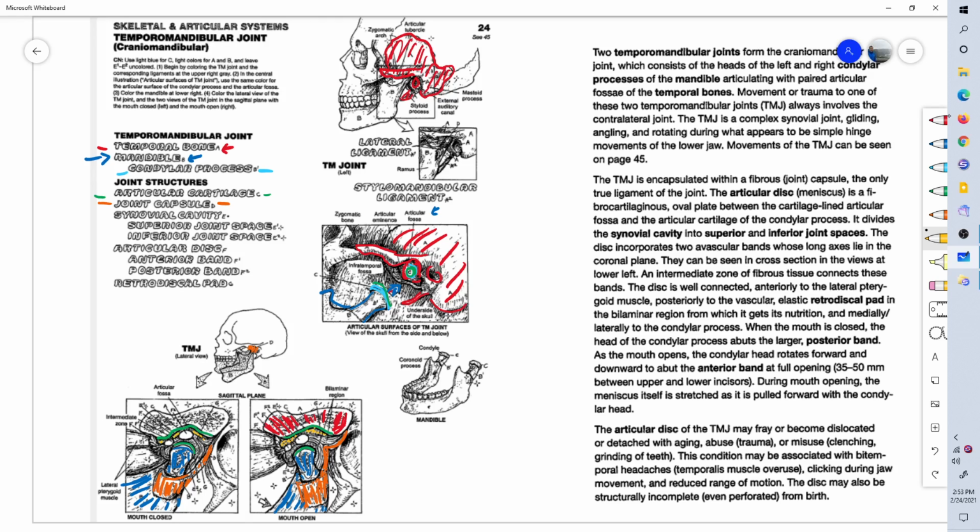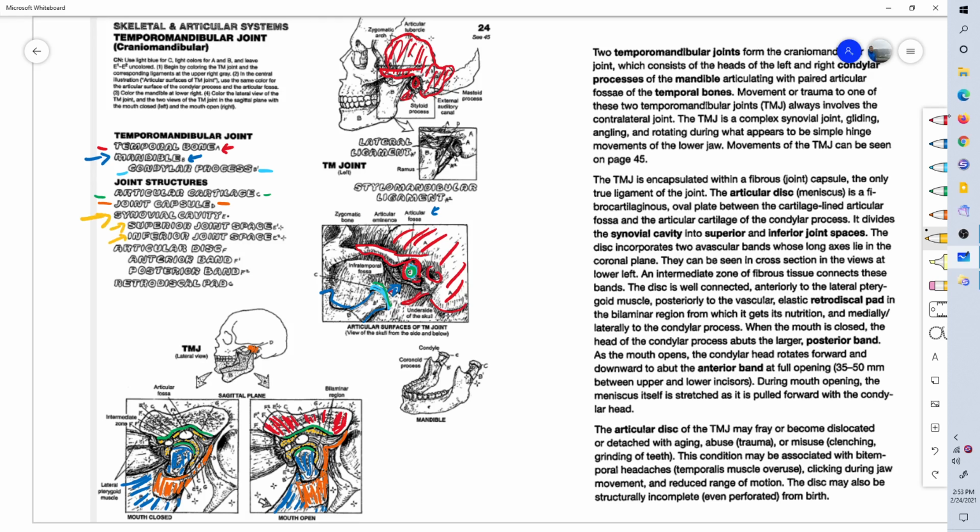And down here, the inferior joint space of the synovial cavity, all the way down into here. And what is separating the inferior and the superior joint space?